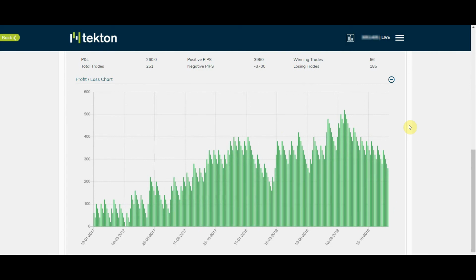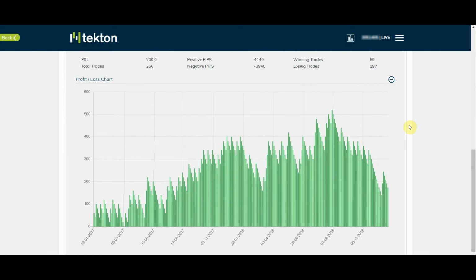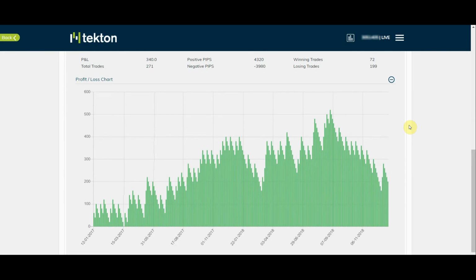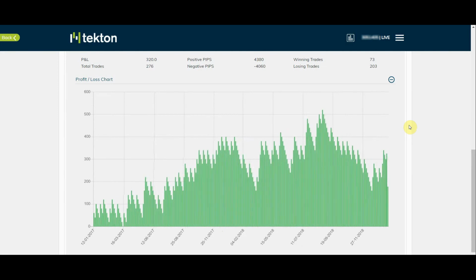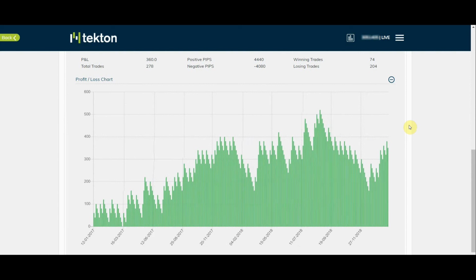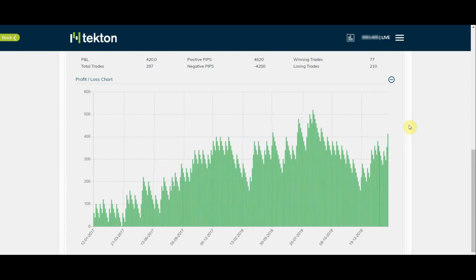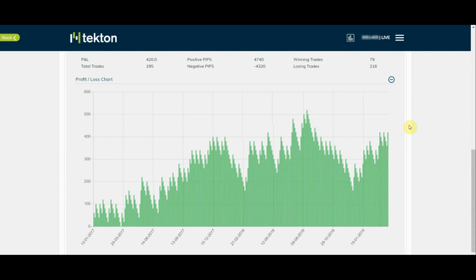But let's see what the total result is likely to be. We've now almost carried out 2 years worth of back testing. And again, you know, it's profitable. It's green. We see lots of green. So we know we've got a good base to build from.